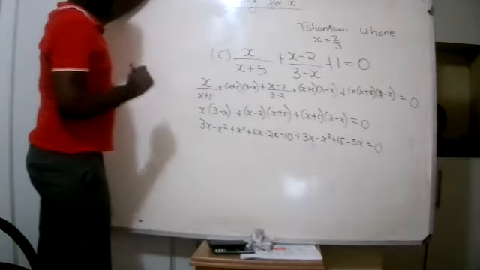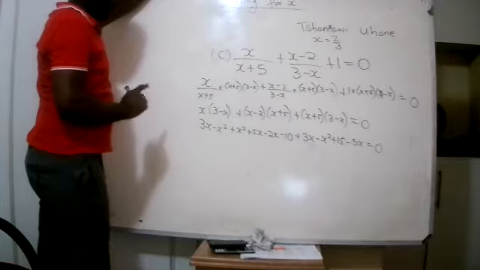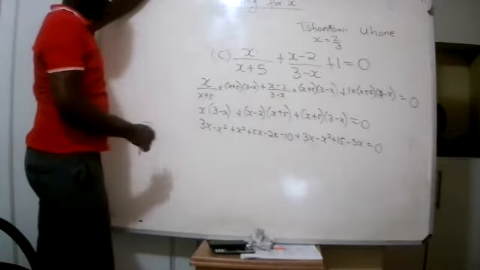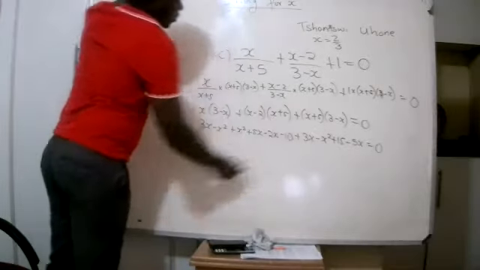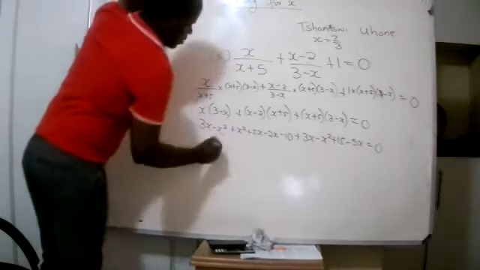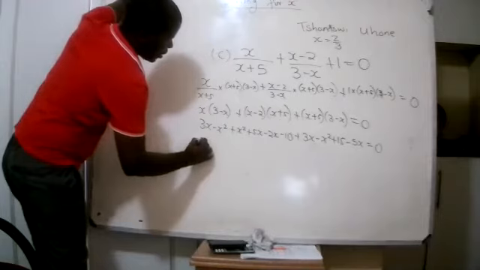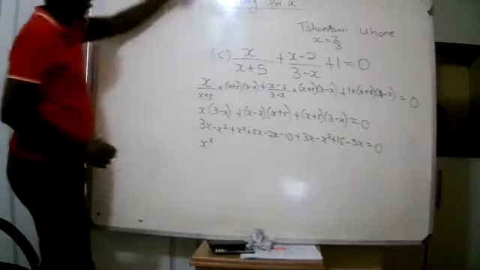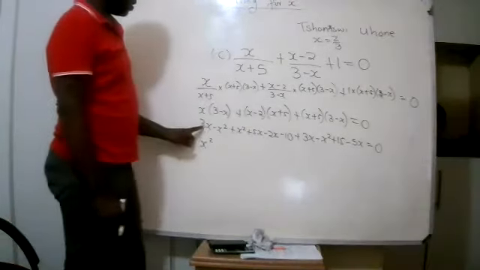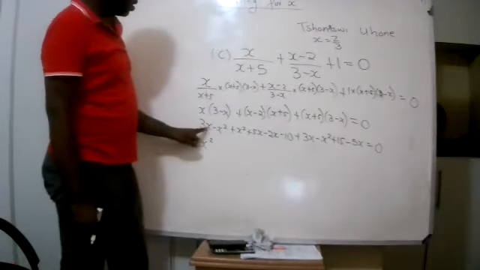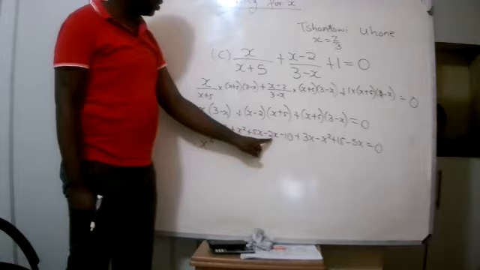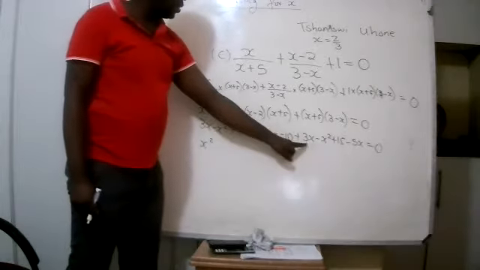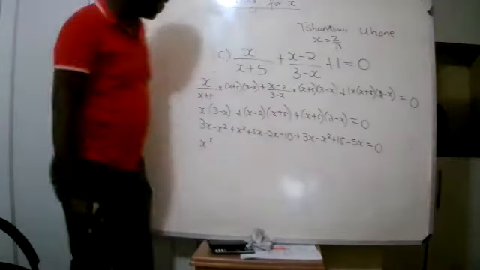So we find the product of all these terms that we have there. After having that, we can then add the like terms. We must be very careful when we add the like terms. So we're adding this term with this term and with that term. When we add these three terms, we will obtain x squared. And from there, we add these like terms again. 3 plus 5 is 8, minus 2 is 6, plus 3 is 9, minus 5 is 4.